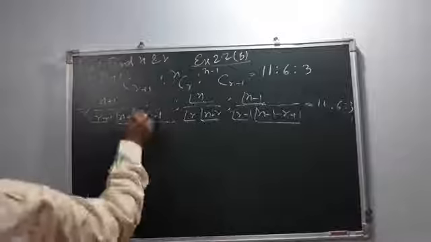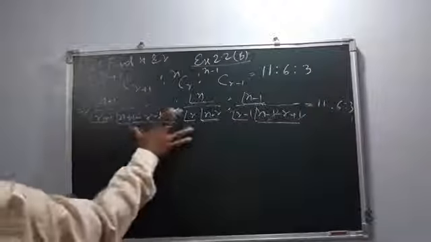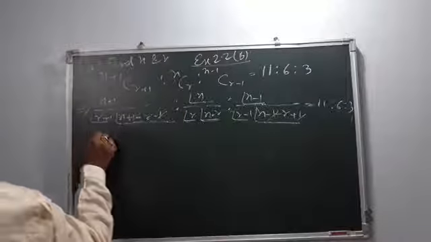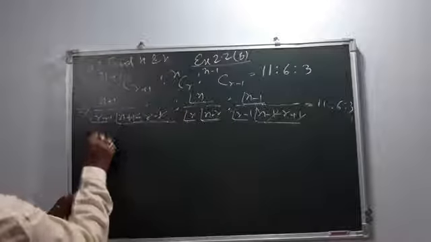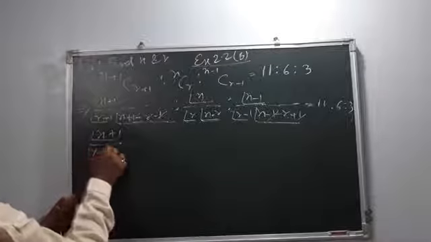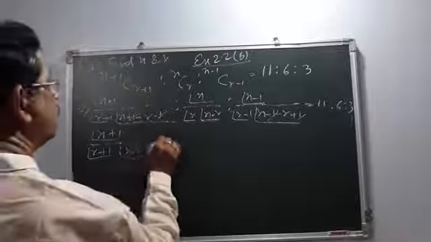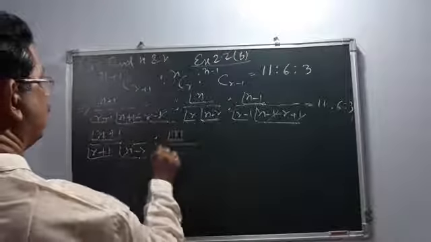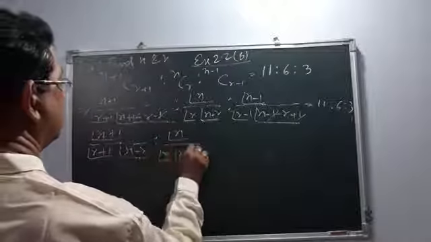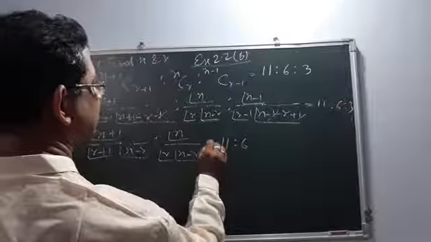Now, if we consider the first two, n+1 factorial over factorial r+1 is to factorial n over factorial r factorial n-r is to 11 is to 6.